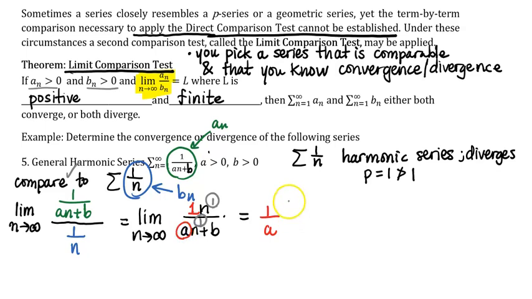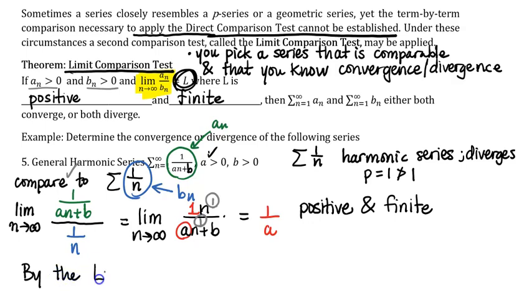Now we have to see. This is our L. This is what the limit was equal to. This is positive, because a general harmonic series does have a greater than 0, and it's also finite, because a is not anything other than some positive number. So I can conclude that by the limit comparison test, these two series have to do the same thing.